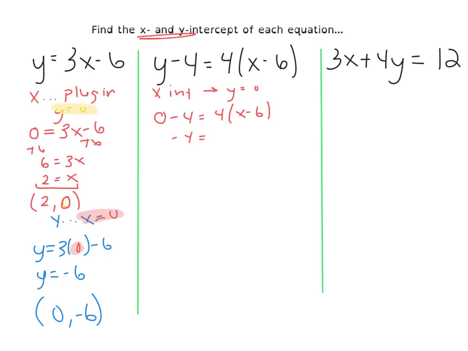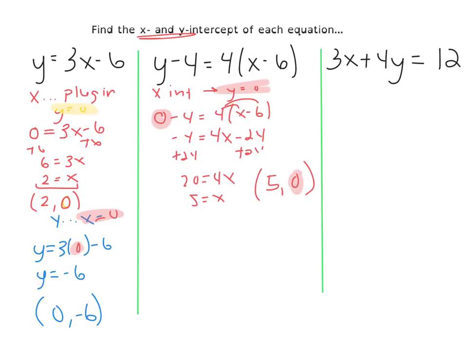So we just solve, we'll distribute, so 4x minus 24, so we'll add 24 to both sides, so 20 was equal to 4x. So 5 was our x value. So the point, the x value was 5, and we know we only get that when we use the y value of 0. That's the x-intercept.